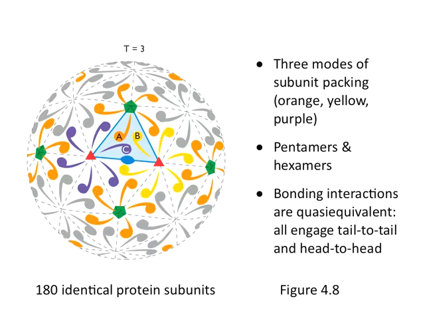And the bonding interactions are quasi-equivalent. All of these proteins engage in tail-to-tail and head-to-head, but they're slightly different depending on where they are in the particle. So that's all that quasi-equivalence means, that the interactions are not quite identical, and that's a consequence of trying to make a bigger particle. So this T=3 virus is bigger than the T=1 that we first started looking at.